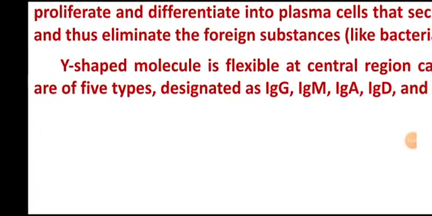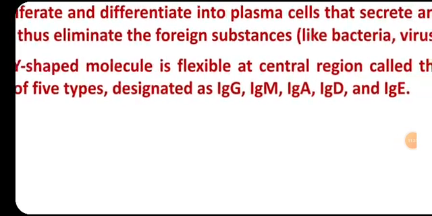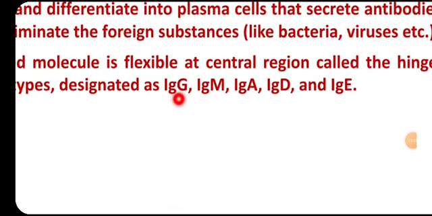Immunoglobulins are of different types. They are basically divided into 5 categories. Antibodies are of 5 types: IgG, where Ig stands for immunoglobulin, type G, immunoglobulin type M, immunoglobulin type A, immunoglobulin type D, and immunoglobulin type E. So these are the 5 types: IgG, IgM, IgA, IgD, and IgE.